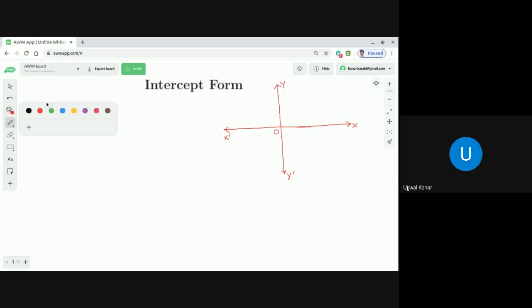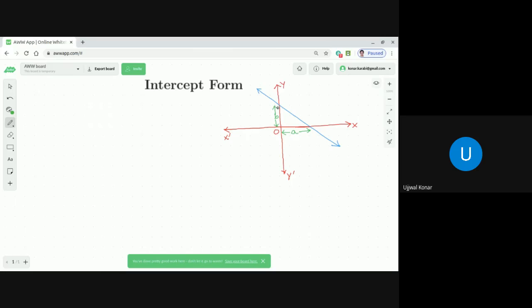Suppose we have a straight line, something like this, which I have drawn in blue color. Now this straight line makes an intercept on the x-axis. Suppose A is the intercept it makes on the x-axis, and B is the intercept it makes on the y-axis.